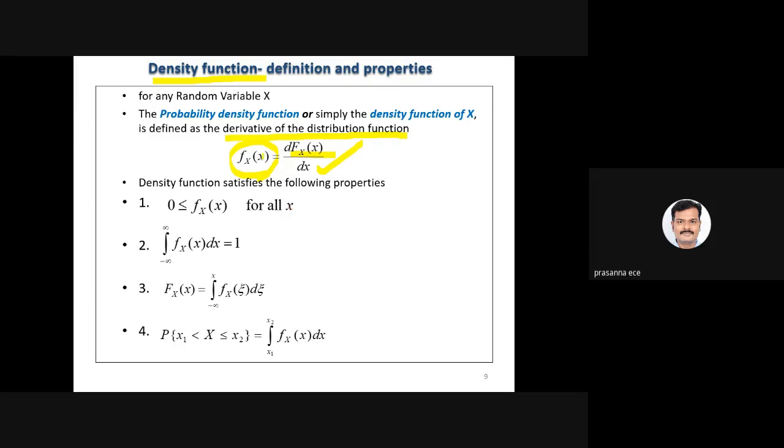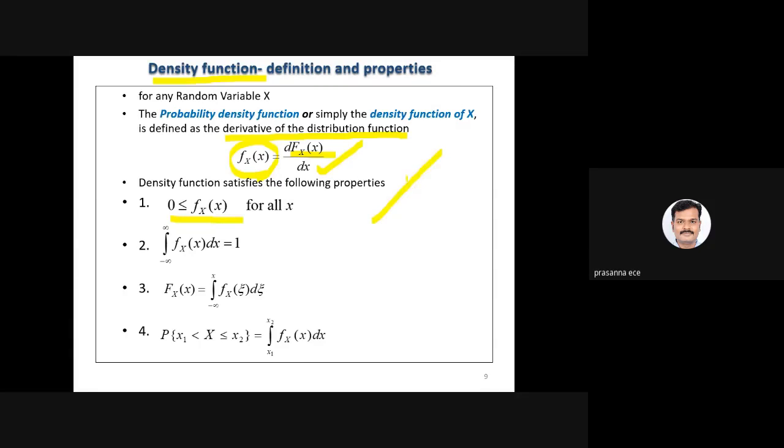These are the properties of the density function. As we had properties of distribution functions, the density function satisfies all these properties. The value of the density function is always positive. If you see this as the derivative of Fx of x, in the previous case we saw that the capital Fx of x is always an increasing function towards the right.